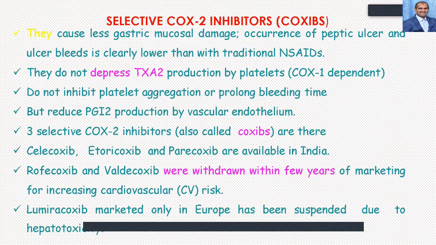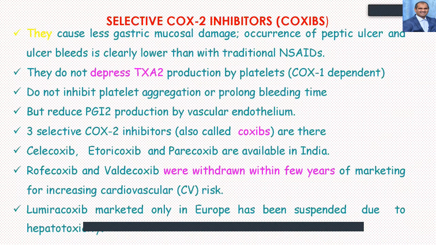Because of the rampant occurrence of peptic ulcers, scientists gave importance to the production of selective COX-2 inhibitors. And another thing is ulcer bleeding is clearly lower when compared to other preferential COX-2 inhibitors and older drugs.